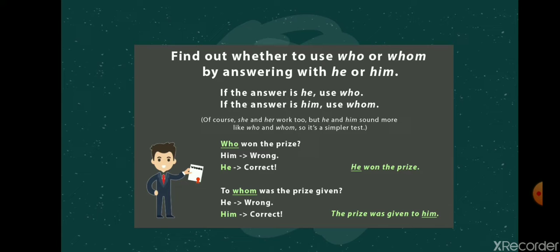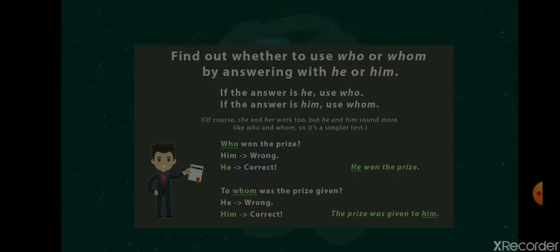No. He won the prize. That's the correct answer. To whom was the prize given? He was given the prize, or the prize was given to him. If the answer is a subject pronoun, you're going to use who. If the answer is an object pronoun, you're going to use whom, okay?